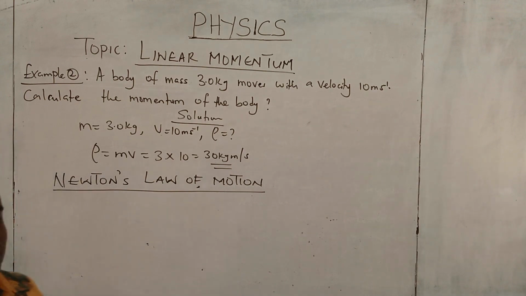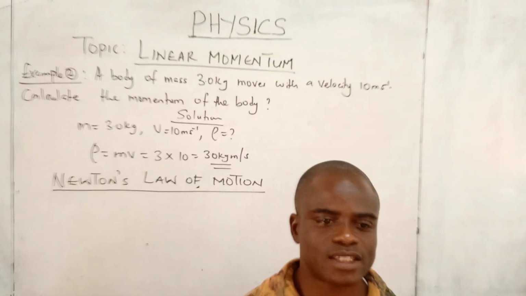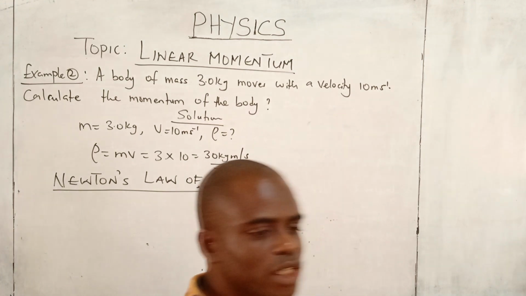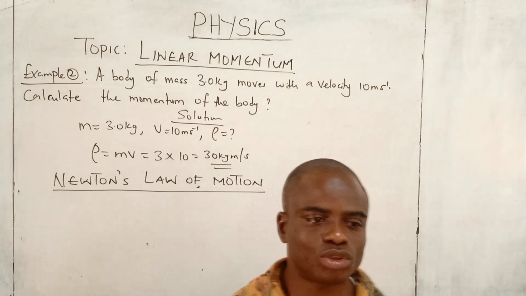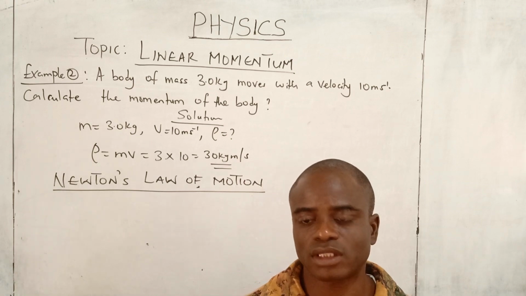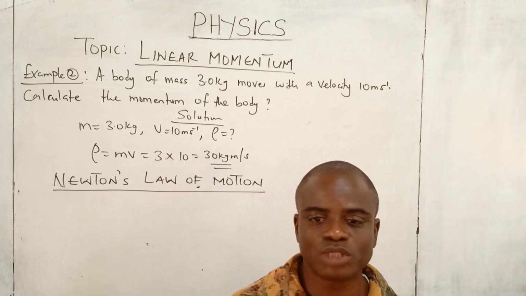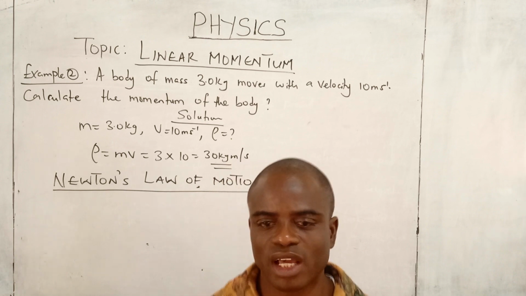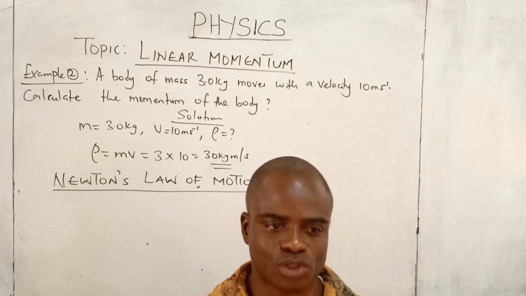The name of the scientist that came up with Newton's laws of motion is Sir Isaac Newton, and he related force and motion together, living from the year 1642 to 1727. He stated the first law of motion as: every object continues in a state of rest or of uniform motion in a straight line unless acted upon by an external force.